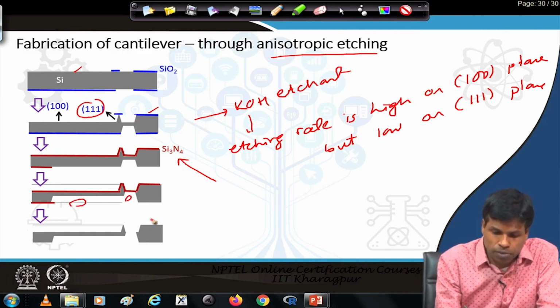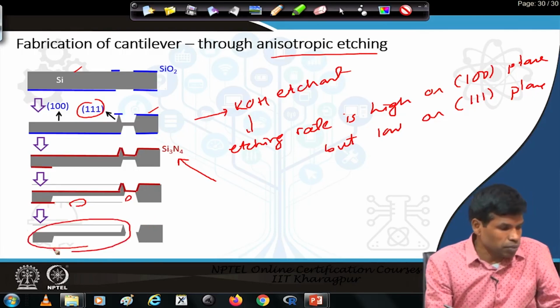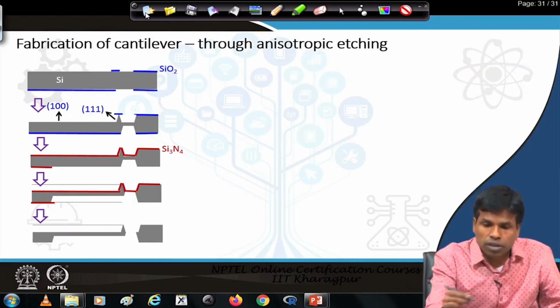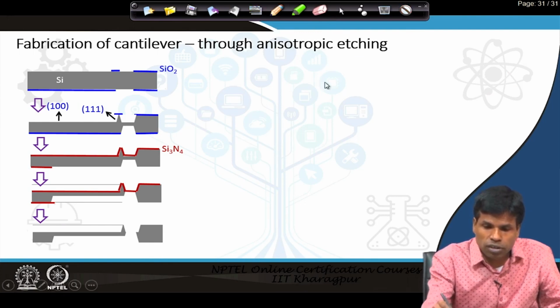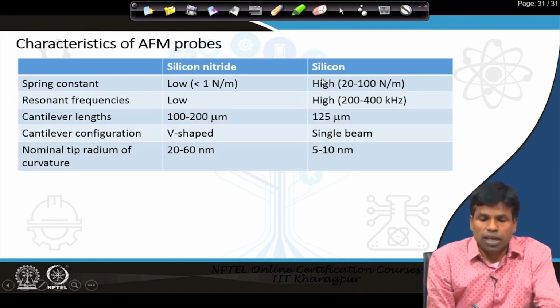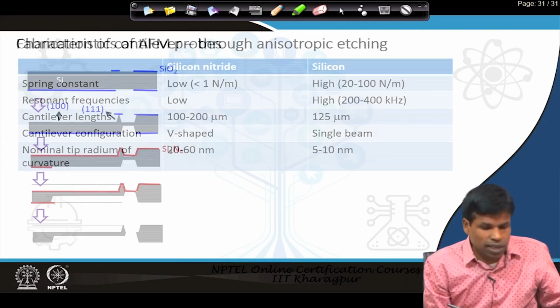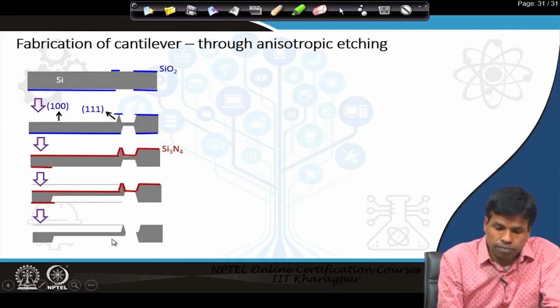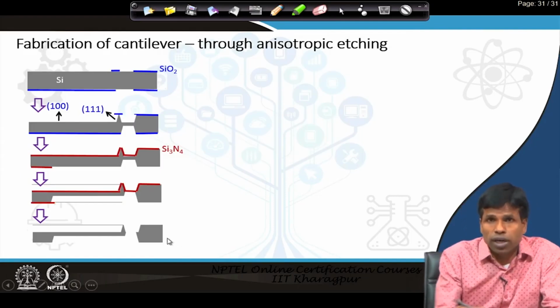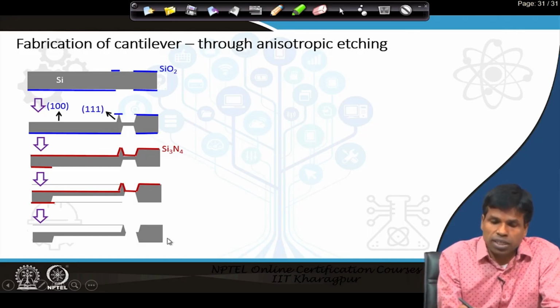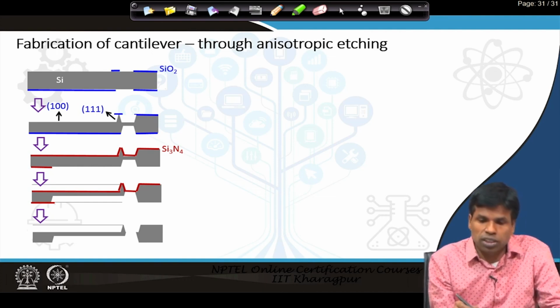By further etching, further removing the Si3N4 layer, one can have a complete fabrication of a silicon cantilever. It is done through anisotropic etching, and in this way one can control the length, width, thickness of the cantilever and also the tip shape by using this lithography and etching technique.